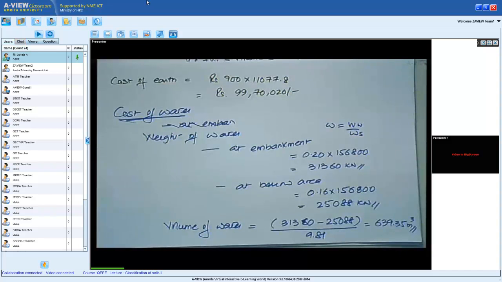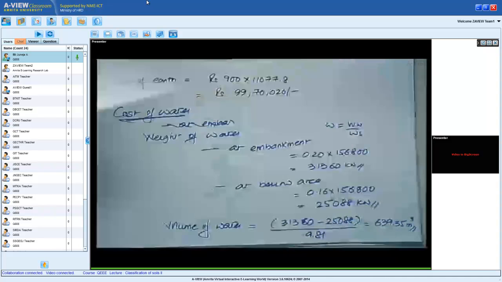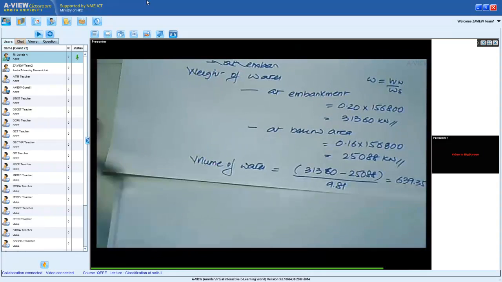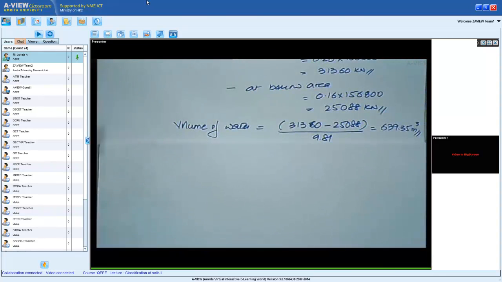So the cost of water would be 639 times 40 rupees. The supplier charges 40 rupees for the water. If I multiply this by 40 and add it to the previous 99 lakhs, it gives me the total cost.